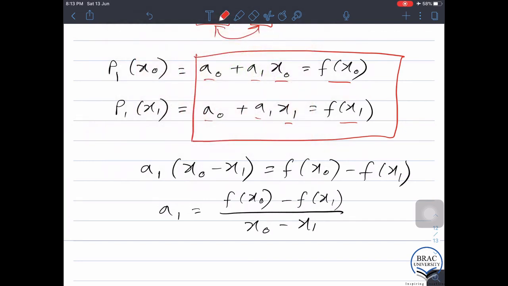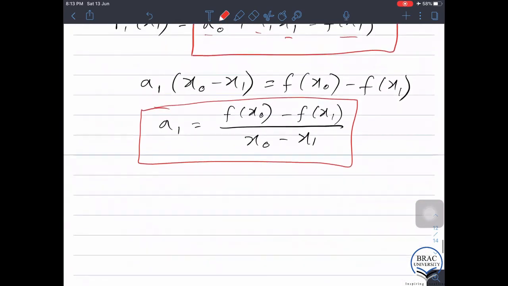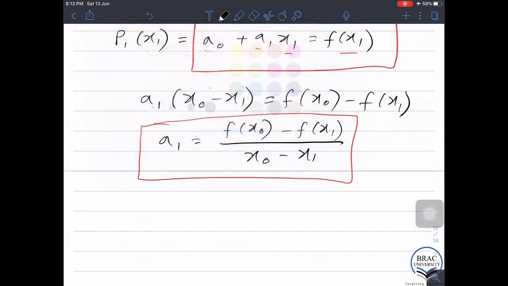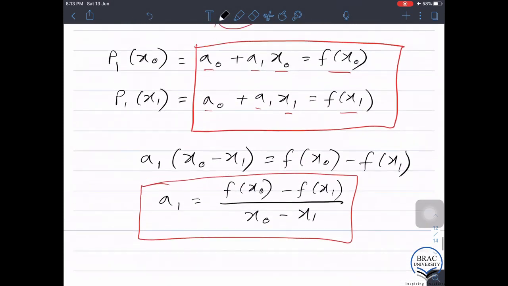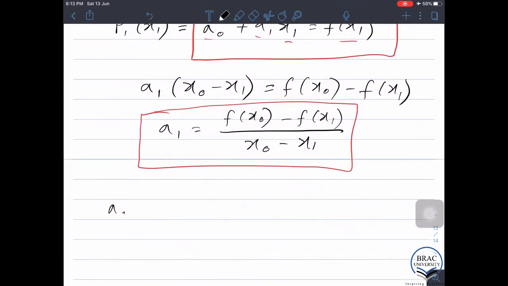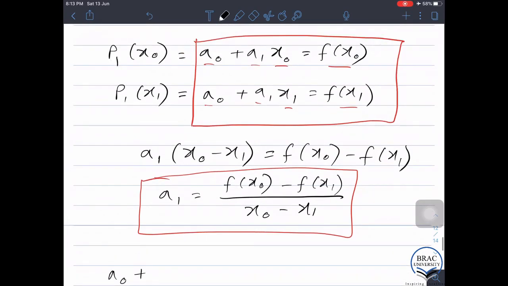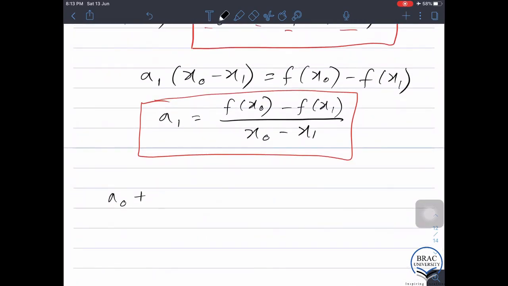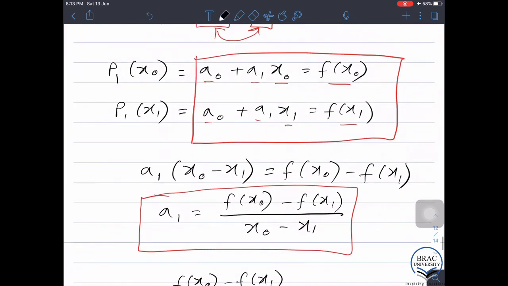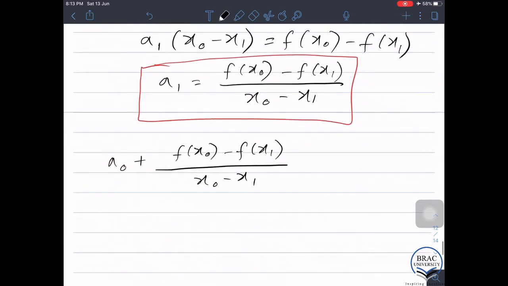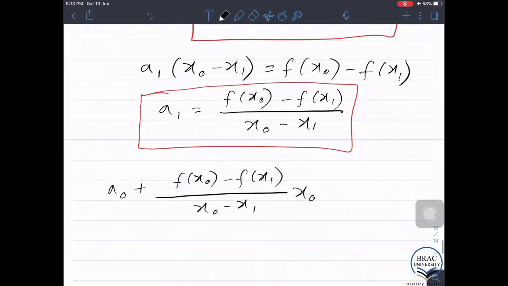So I know this. Okay, I know everything in the right hand side, so I know a1. Now if we substitute it back here in one of the equations, we can get a0. So let's do it. a0 plus a1 x0. So a1 is f of x0 minus f of x1 divided by x0 minus x1, and I'm using the first equation, so into x0 is equal to f of x0.